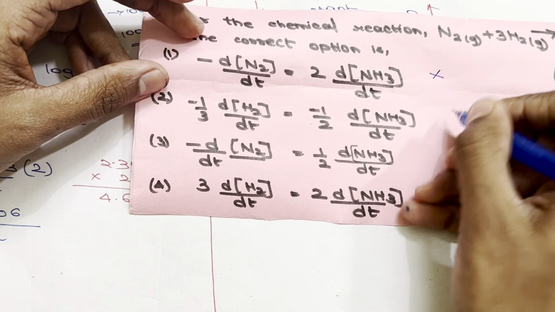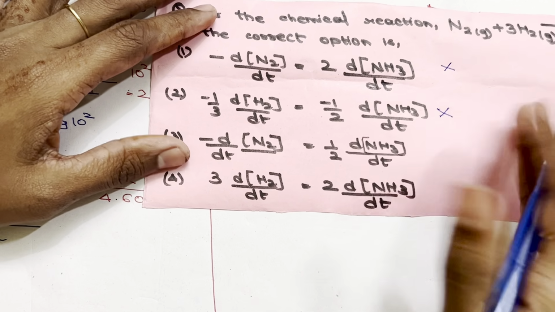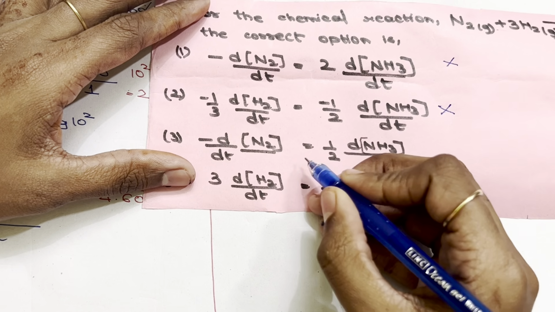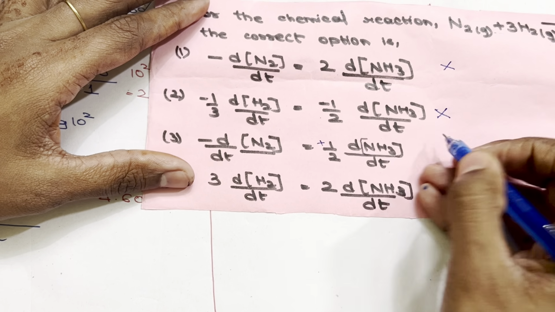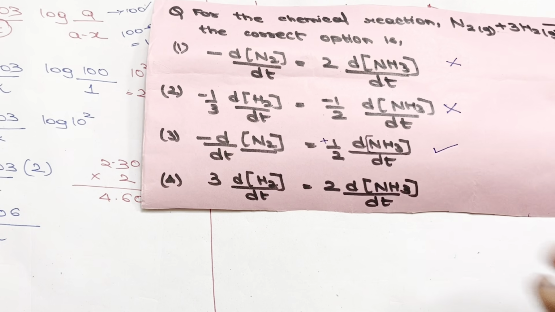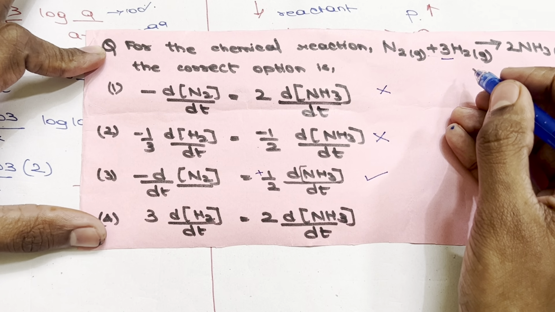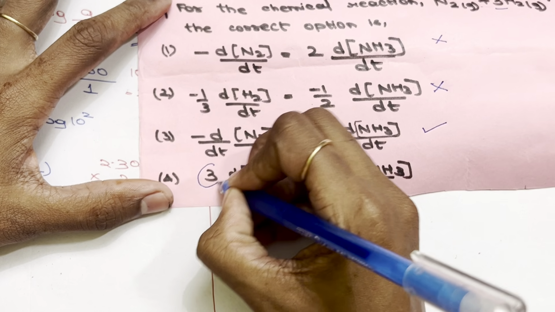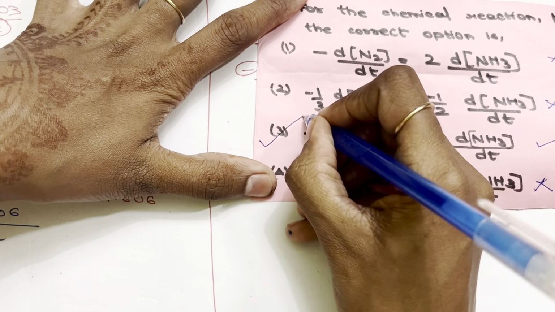So this option is incorrect. Now let us take the third option: minus 1 by 2 is correct, and the product is plus, which is correct. If we take the other option also, it has 3 for hydrogen in the numerator, which is also incorrect. So option 3 is the correct option.